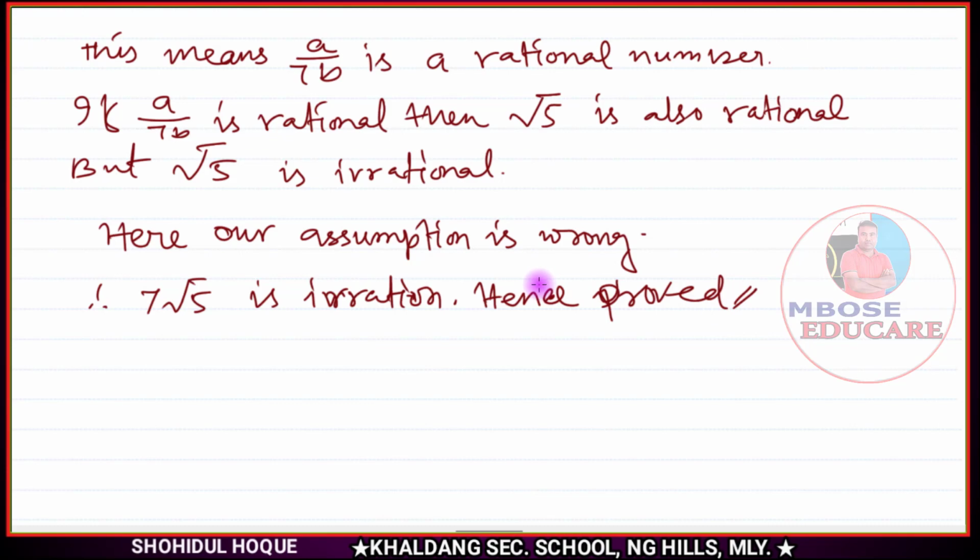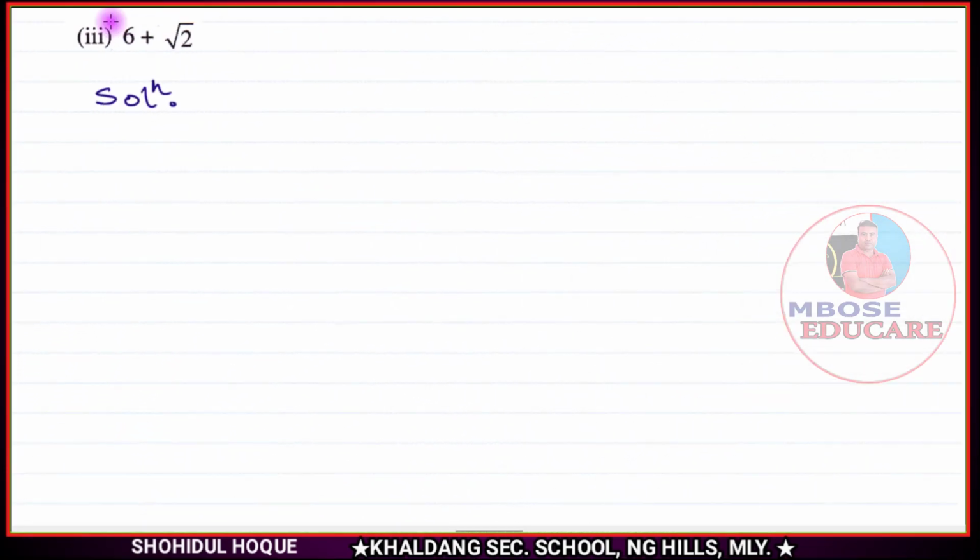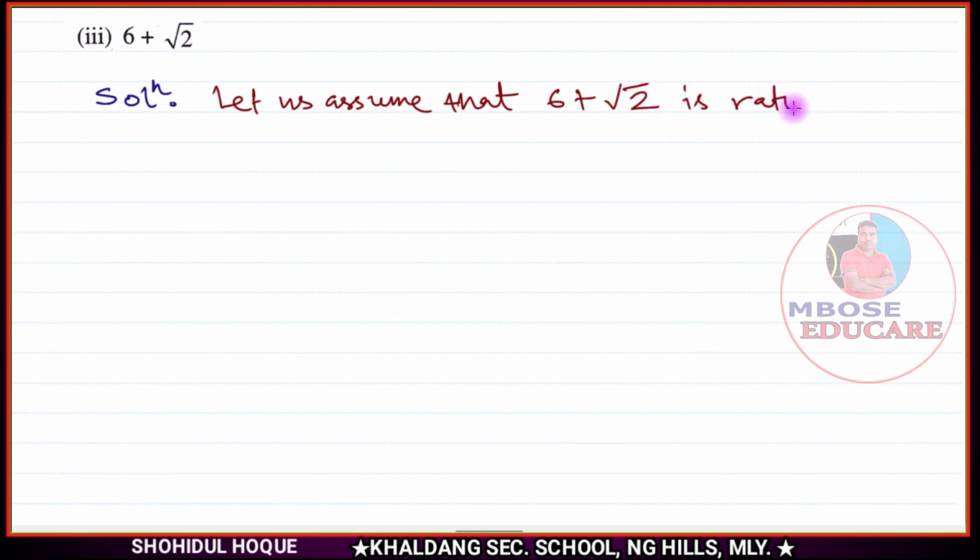Now we shall solve the last part, part number 3. This is the last part, part number 3 of question number 3. We have to prove this 6 plus under root 2 is irrational. Before proving this is irrational, we have to assume the opposite. So we shall write, let us assume that 6 plus under root 2 is rational.